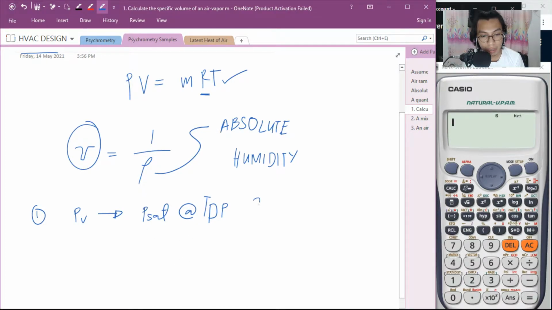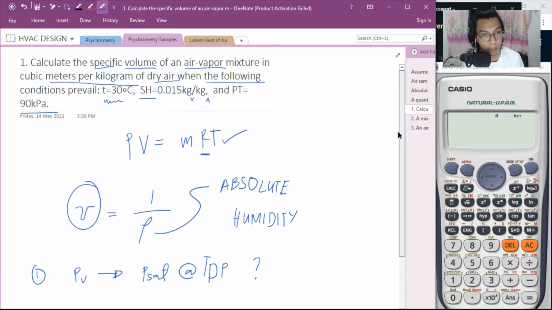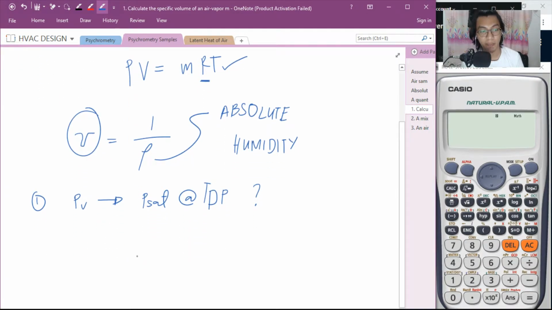Pero, wala kang given dew point temperature. The only given there is the ambient temperature. But, let's not forget that PT is equal to yung air pressure mo using Dalton's law of partial pressures. May PV ka dyan, may PA ka dyan, may PT ka dyan. Sir, saan mo kuha yung PA?